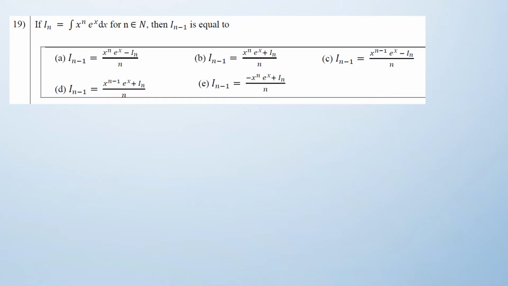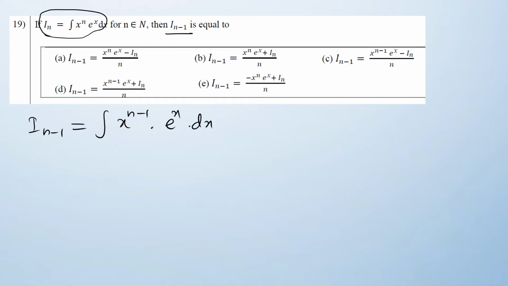Question number 19. By using this, we have to find I_{n-1}. So I_{n-1} can be written in terms of x^n and e^x by replacing n with n minus 1. Then we have the integral of x^(n-1) e^x dx.